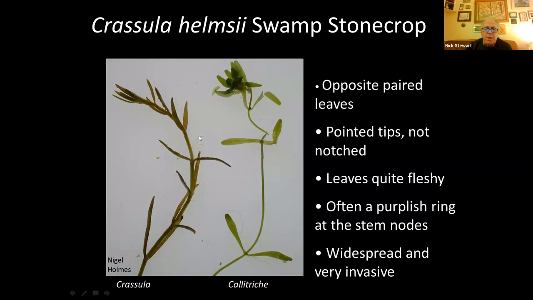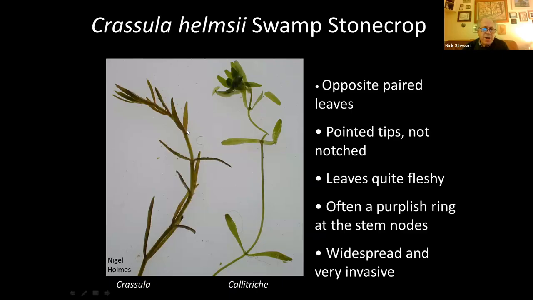It also tends to be quite a bit more fleshy, a more solid, substantial thing, quite stiff and fleshy. Very often it will produce a purplish ring just at the node here, which is another quite useful character.